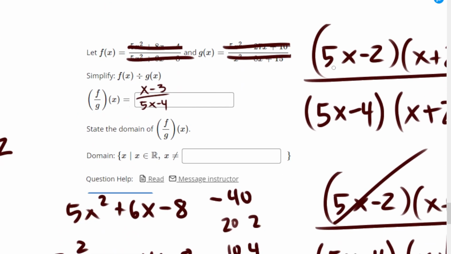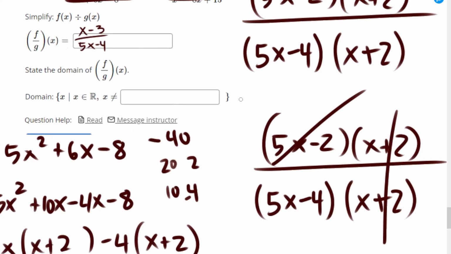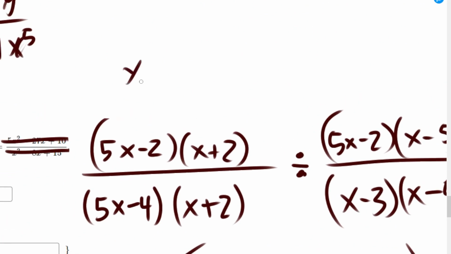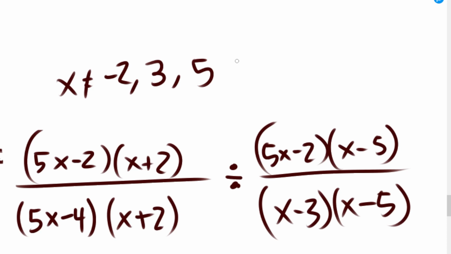Okay, so with this, my guess is that we need to find these restrictions. My guess would be that x cannot equal negative 2, x cannot equal positive 3, x cannot equal 5, and x probably cannot equal 4/5.